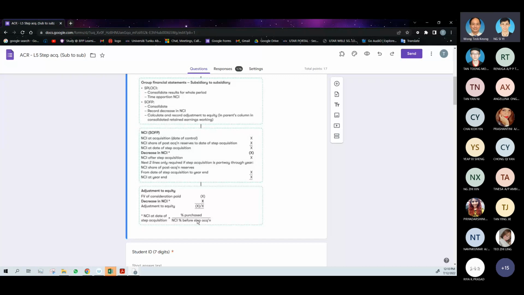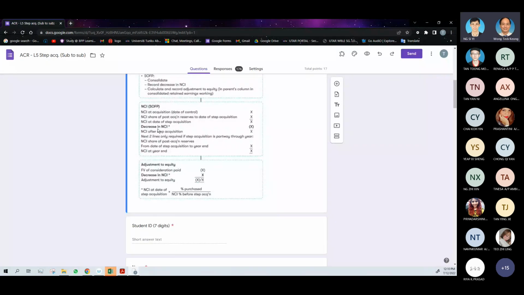So 1/4: times 1/4 and divide by 4 are the same. Then you minus the decrease to get the balance after the step acquisition.